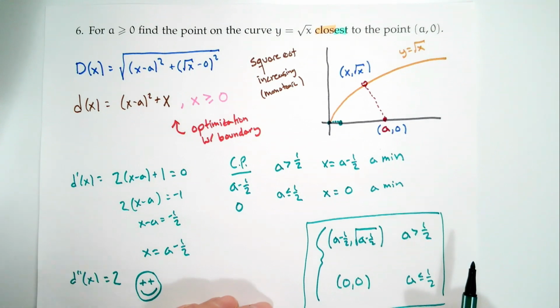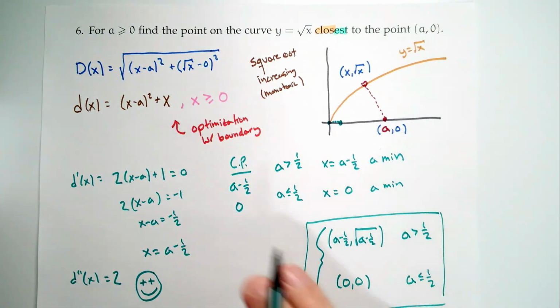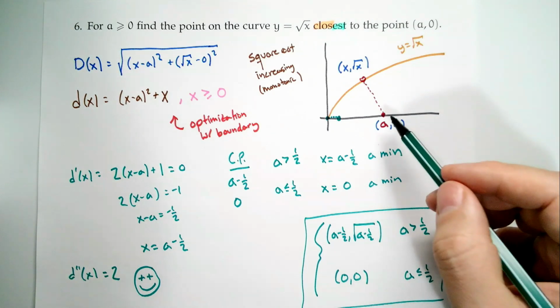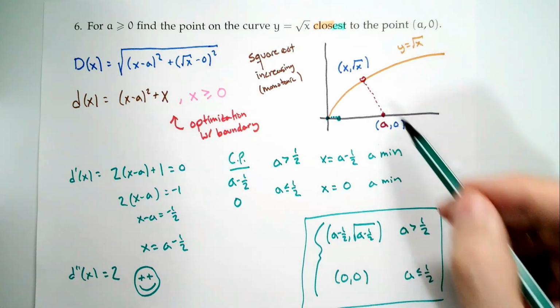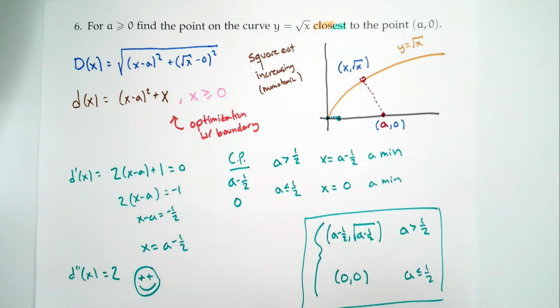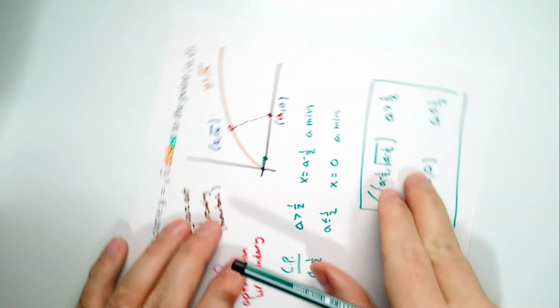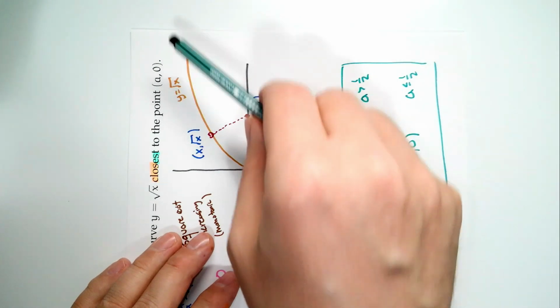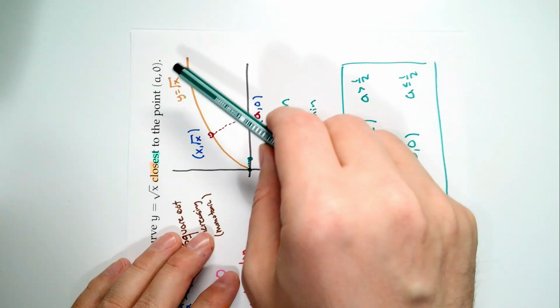So be careful. Be the right amount of careful. Now, the second case is like the case over here. This has an interesting application. Because if you think about it, if you were to turn the square root curve sideways, what you see here is one side of a parabola.